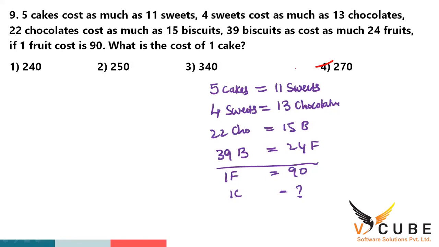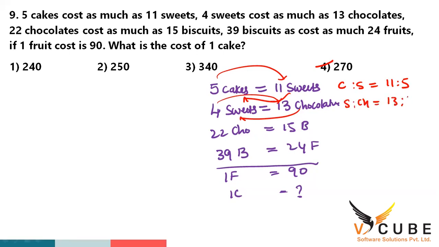Okay, let me check, no issue guys. 5 cakes cost as much as 11 sweets. Sweets below, cakes above, so cakes is to sweets is equal to 11 is to 5. Write chocolates below and 4 above, sweets is to chocolates is equal to 13 is to 4.